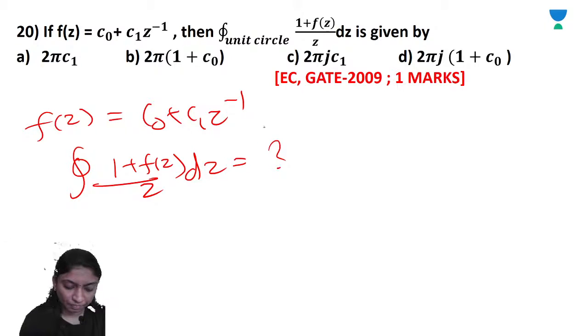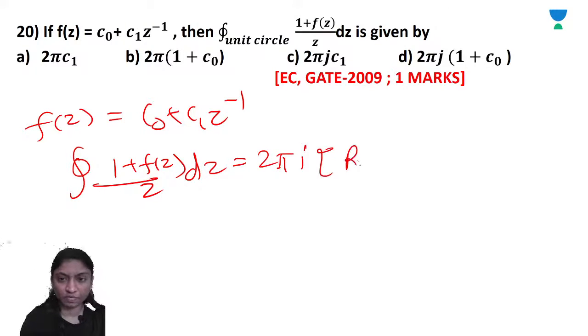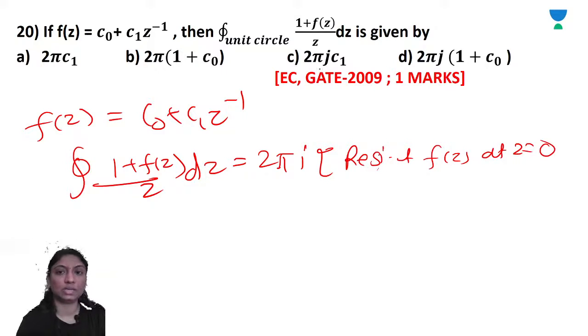So it is 2 pi i times the residue of the function at z is equal to 0. Here nothing is there like z minus a, so z is equal to 0.